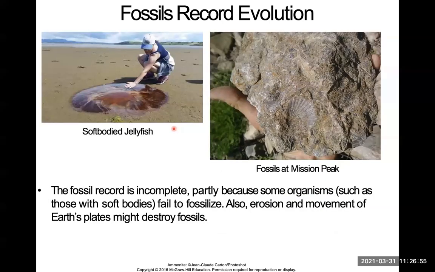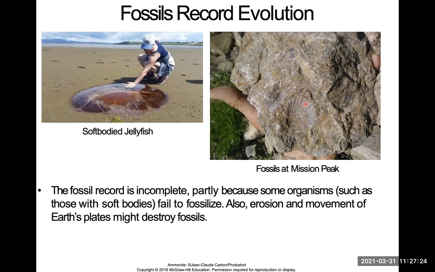So the reason this fossil evidence is kind of biased means you have a lot of evidence for one species, you might not have enough for the other. It depends on basically if that species can even be fossilized. So if they're soft bodied, like a jellyfish, they won't be fossilized. So that's the reason fossil record is incomplete, because some organisms, such as with soft bodies, they fail to fossilize.